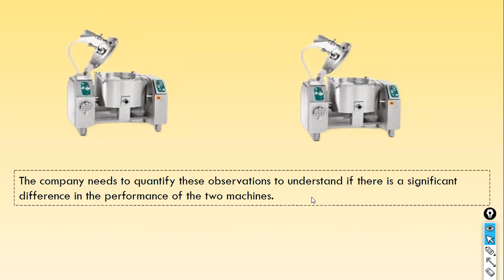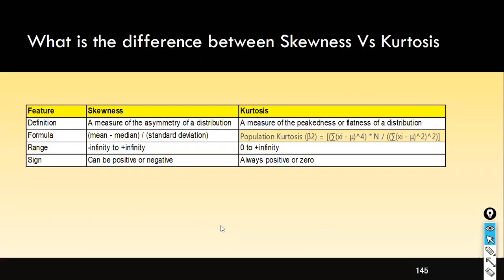The company needs to quantify these observations. Let's say you randomly sample some packets and then you want to test it. The company needs to quantify these observations to understand if there's a significant difference in the performance of the two machines. So this is the formula for kurtosis.